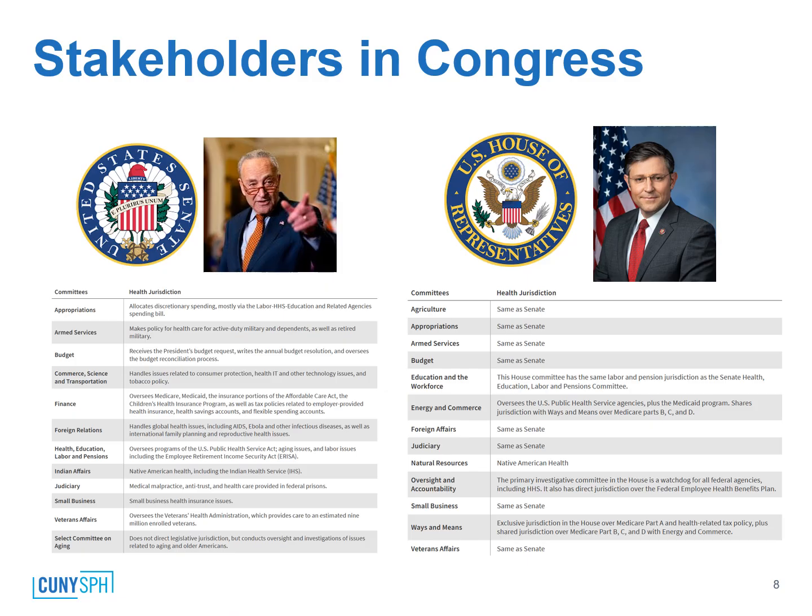In the Senate, the Finance Committee controls Medicare, Medicaid, and much of the Affordable Care Act, while the Health, Education, Labor, and Pensions Committee is responsible for the Public Health Service and related agencies. As in the House, the Senate Appropriations Committee allocates annual funding through its Labor-HHS-Education spending bill.